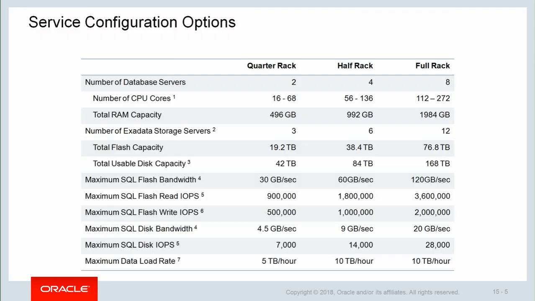As time goes on, if you need more resources, you can upgrade to a half rack and a full rack. You can review the IOPS and throughput references here. The number of database servers is 2, 4, or 8, and the number of storage servers is 3, 6, or 12, depending on your service configuration.